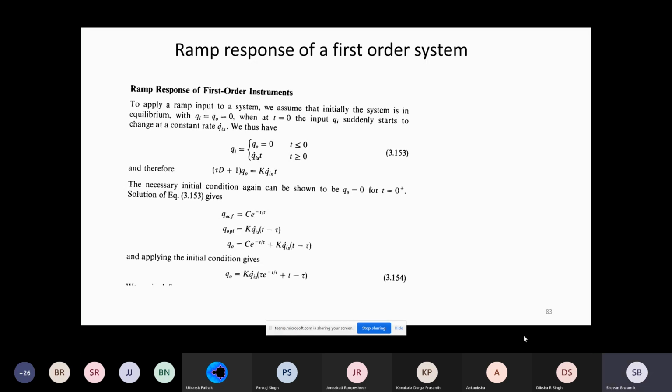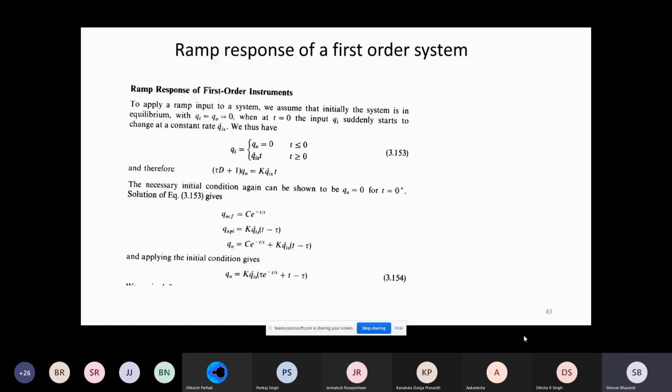Then apply the initial condition: at t equals 0, Qo equals 0. Substituting 0, we get 0 equals C plus K Qis dot times minus K Qis dot tau.